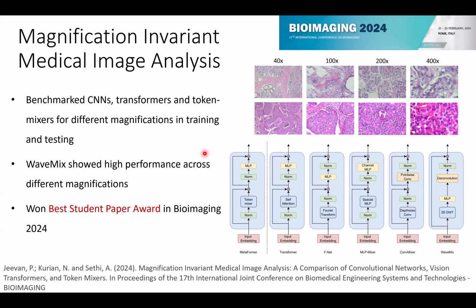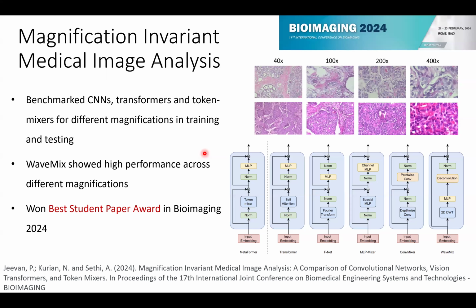One of the issues in cancer image analysis is that the zoom level of different histopathology images is different. If the training set consists of 40x zoom and the inference set is of a different zoom, maybe 200x or 400x, the performance of conventional architectures, like other token mixing architectures, degrades when there is a mismatch between the training and testing magnifications.